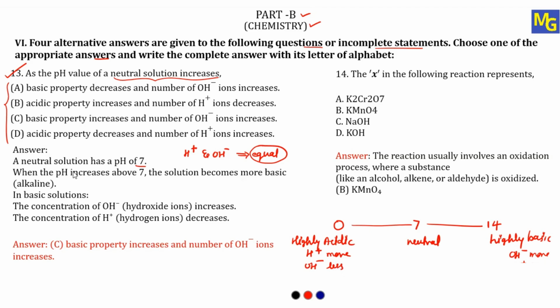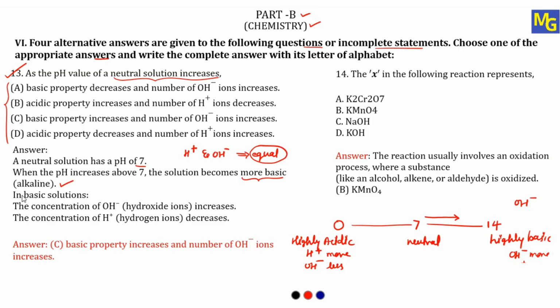Now see, when the pH increases above 7, going up to 14, like 7, 8, 9, 10, the solution becomes more and more basic. Basic is nothing but alkaline. And if it is basic, which ions will increase? OH minus ions should increase.